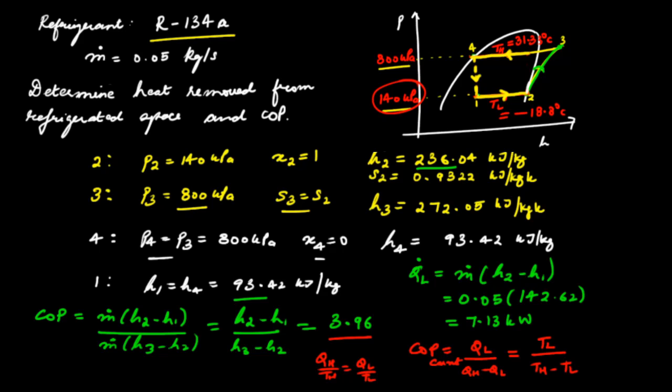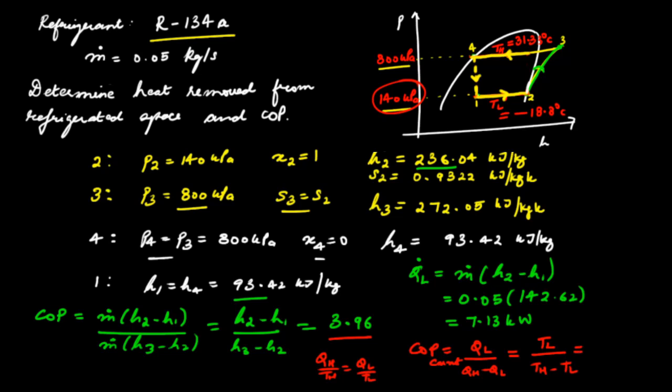Corresponding to this pressure, we can find the saturation temperature, and the saturation temperature for 140 kilopascals pressure is minus 18.8 degrees Celsius, whereas the saturation temperature corresponding to a saturation pressure of 800 kilopascals from the property tables, we can find that it is 31.33 degrees Celsius.